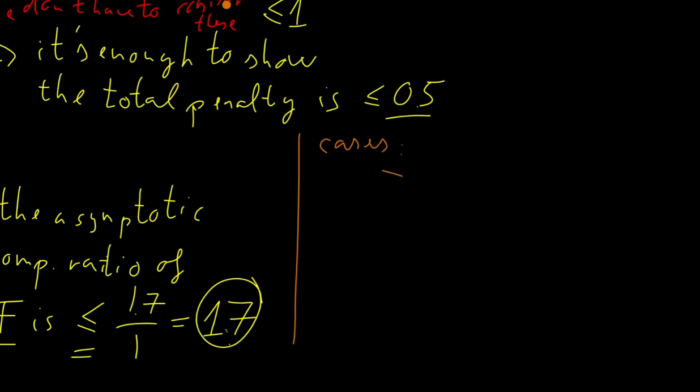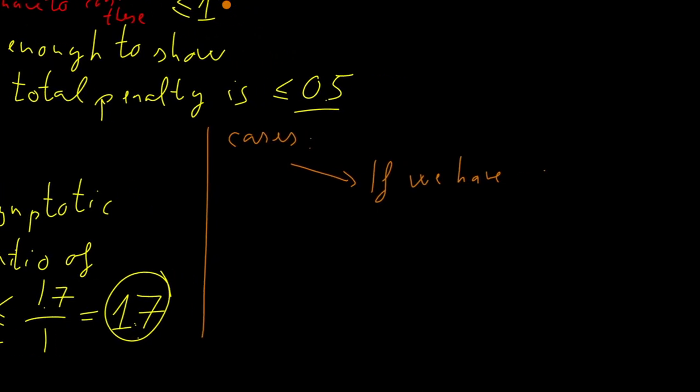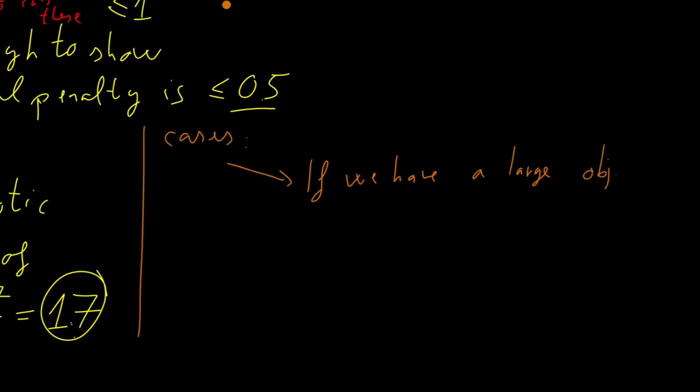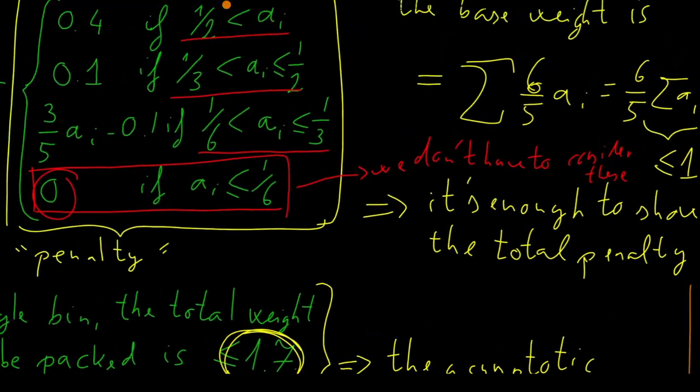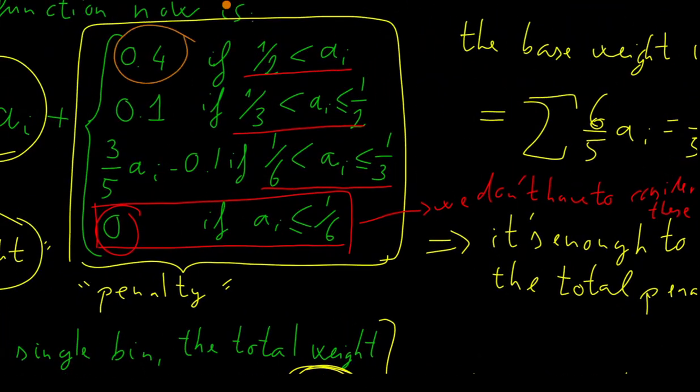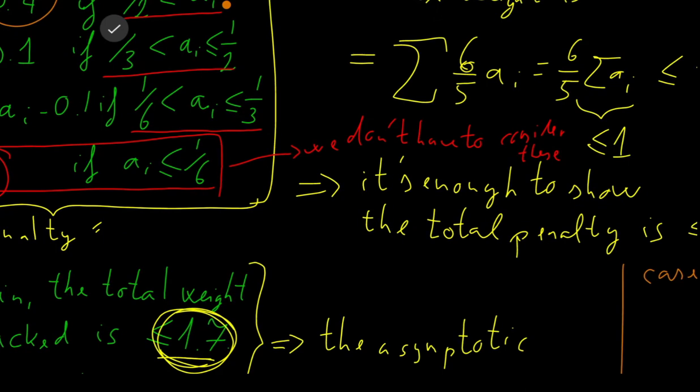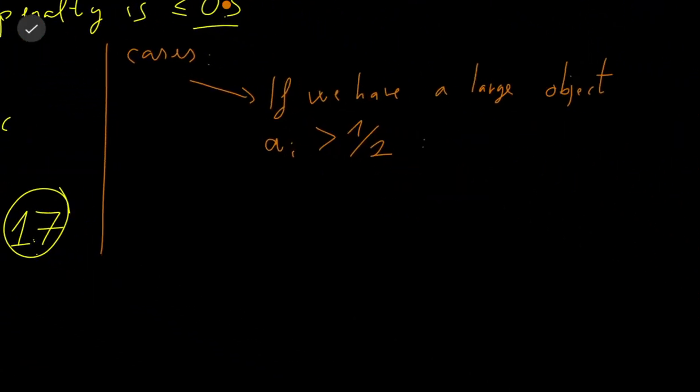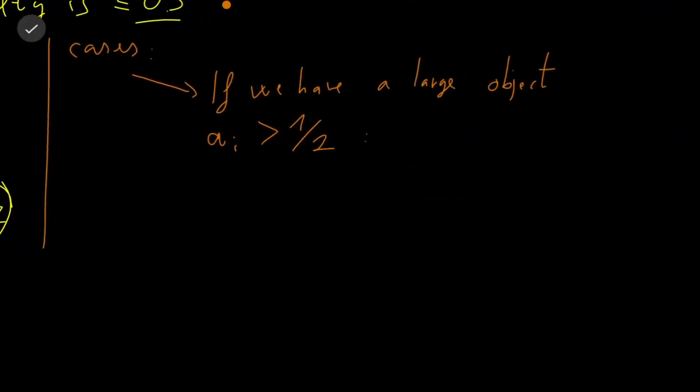The first case is that we have a large object for which a_i is larger than 1/2. Now in this case, the penalty is 0.4. So this means that we have to show that all the other objects have a penalty of at most 0.1.